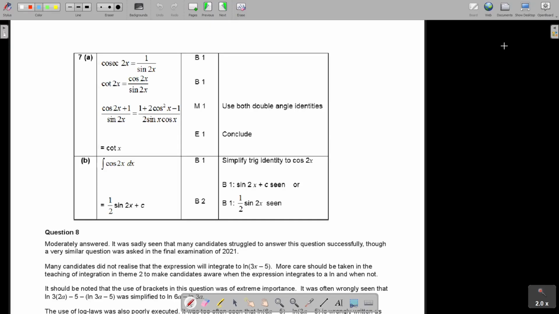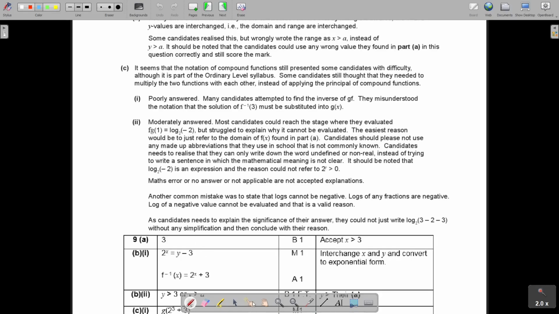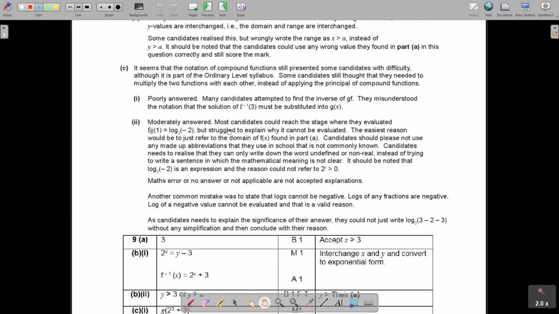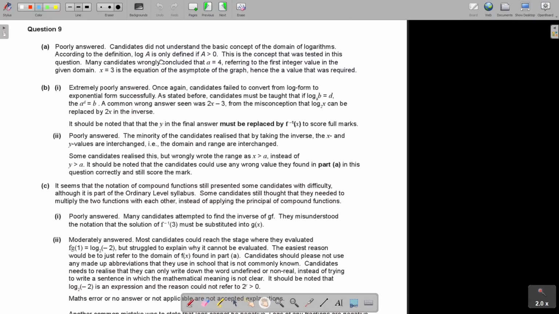We are at the second last question. It's always nice. Let's just read. It's again a lot of things saying to you. The first one, that x is poorly answered. Candidates did not understand the basic concept of the domain of logarithms. According to the definition, log A is only defined with A bigger than 0.